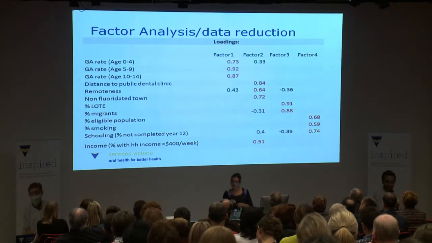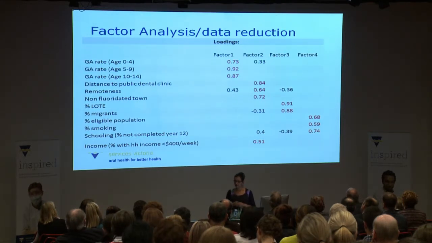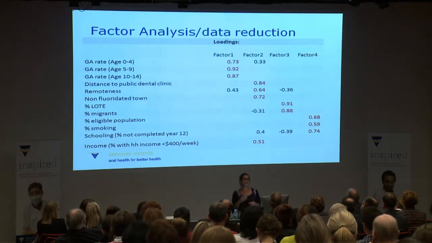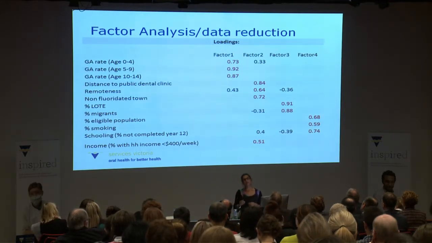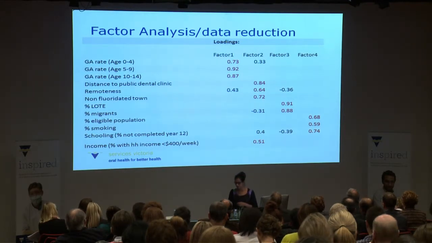Factor 3 comes around migration, ethnicity and eligibility. And the fourth factor is general socioeconomic indicators, smoking and eligible population. These are all proportions at a community level. So this is moving from individual associations to seeing that even at a community level, these things are highly correlated.